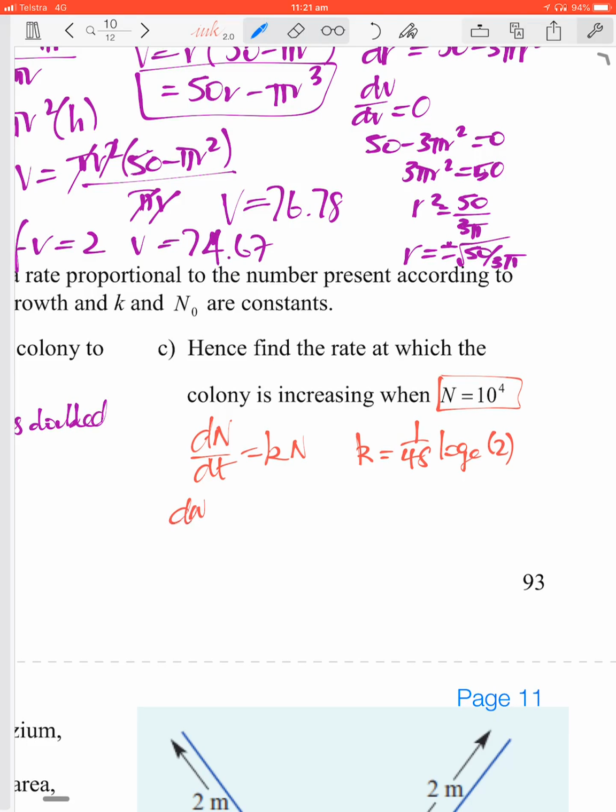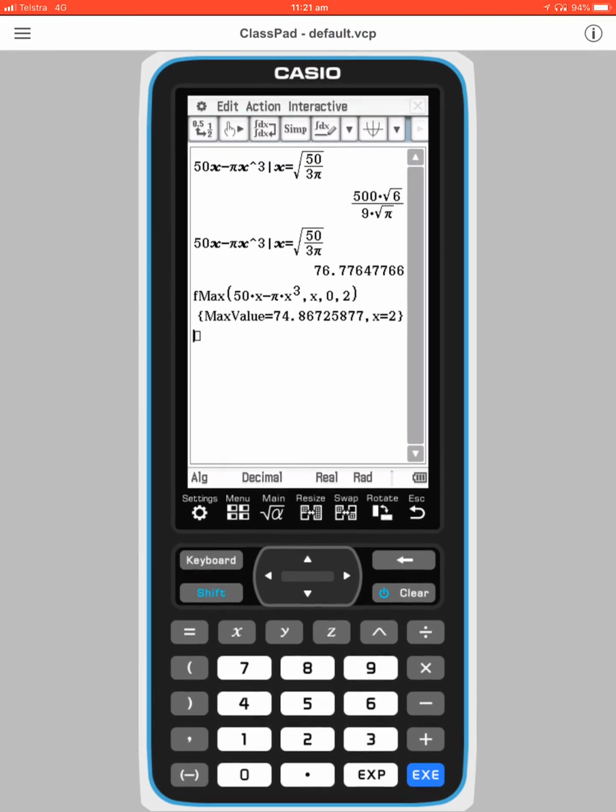We know that dN/dt equals 1 on 48 log e of 2 times 10 to the power of 4, which is 10,000. So we get 10,000 on 48 log e of 2. What's 10,000 on 48?